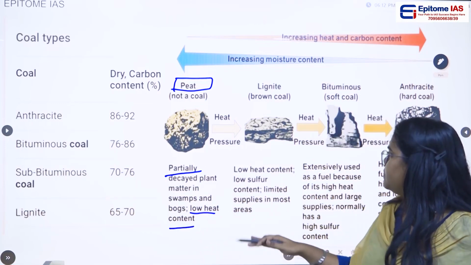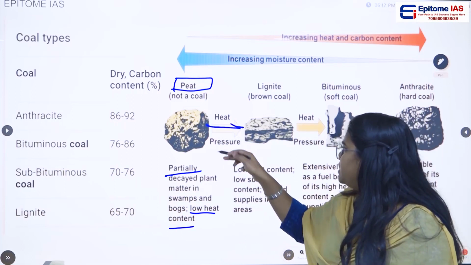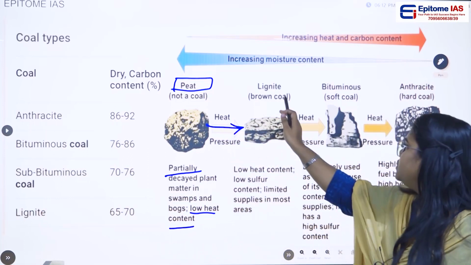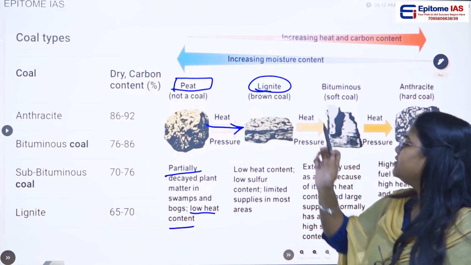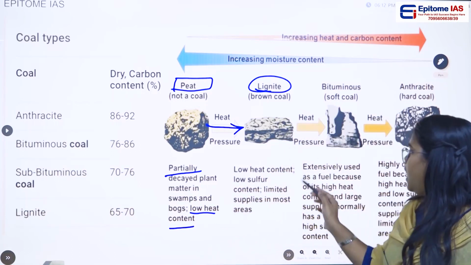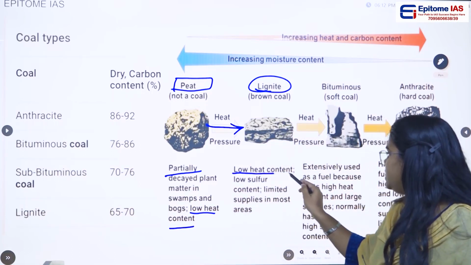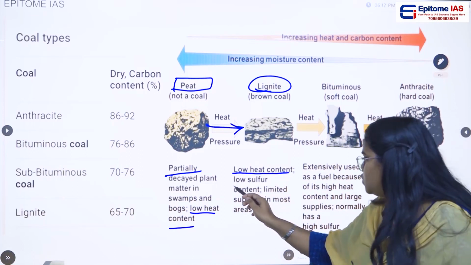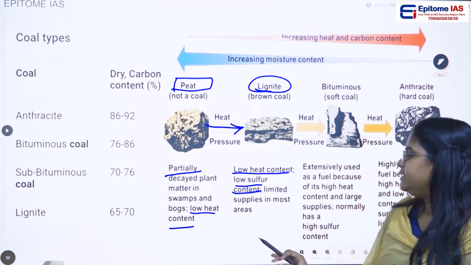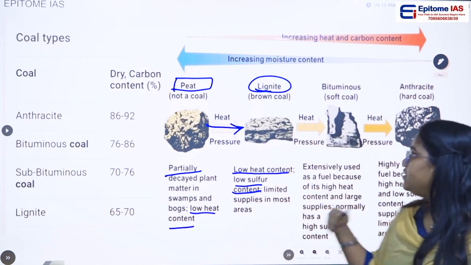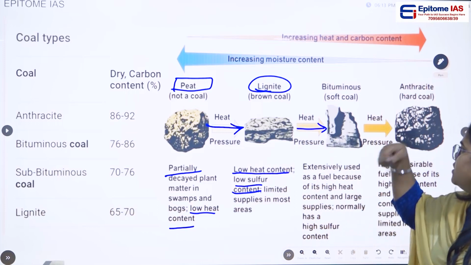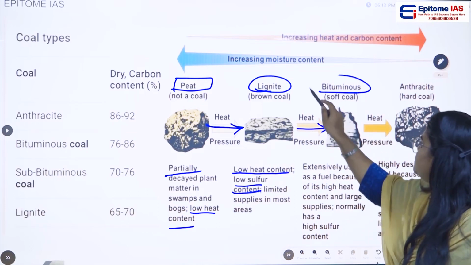Then after going through high pressure and high heat for some years, this is converted into lignite, also known as brown coal. This brown coal has low heat content and low sulfur content, and it has limited supplies in most areas.